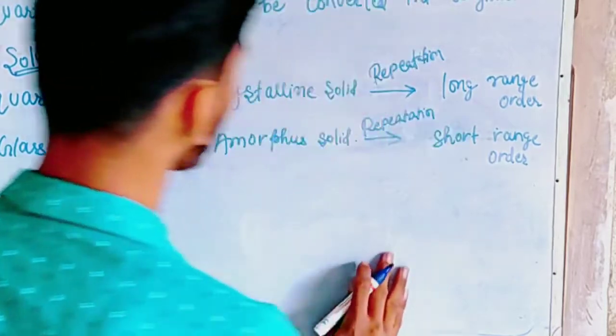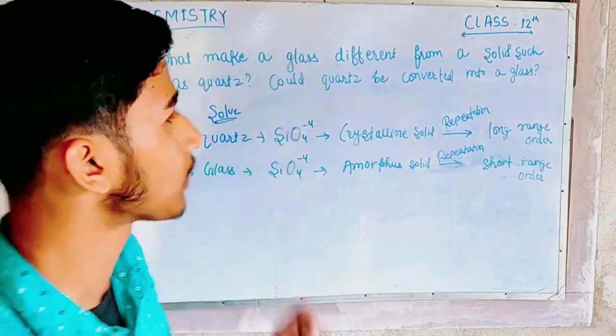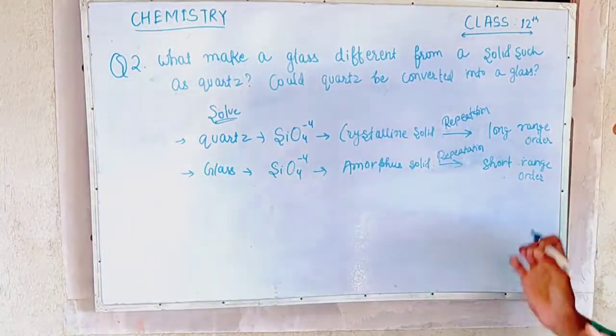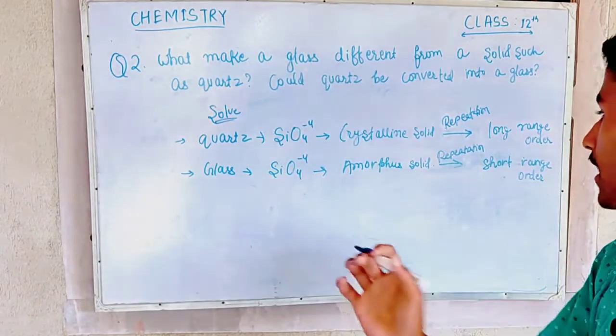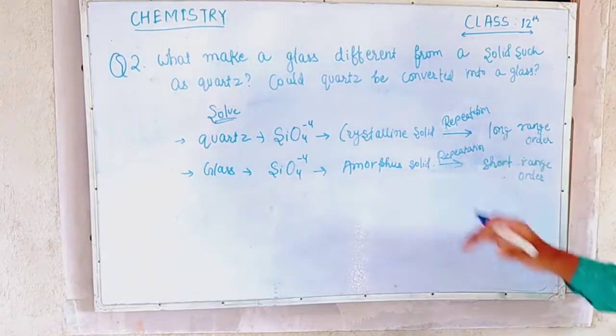This is the main reason that makes glass different from a solid such as quartz. The repetition of quartz is long range order, but in glass it is short range order. That's why this is the main difference.